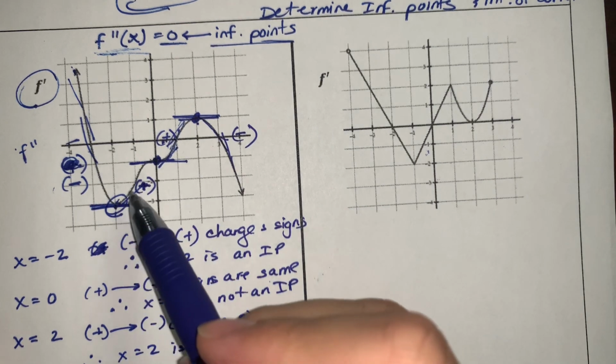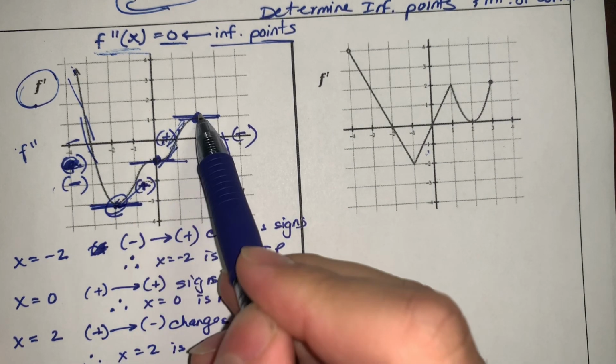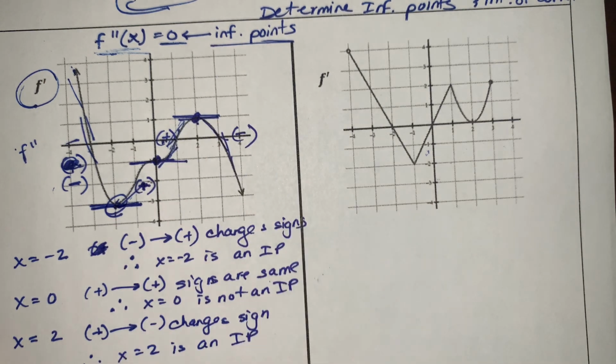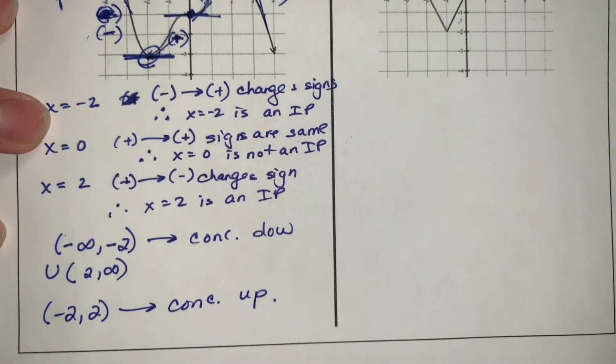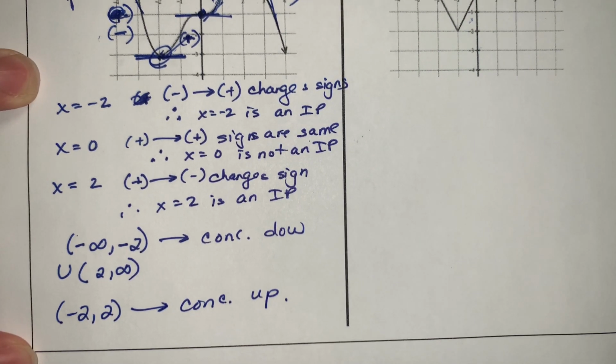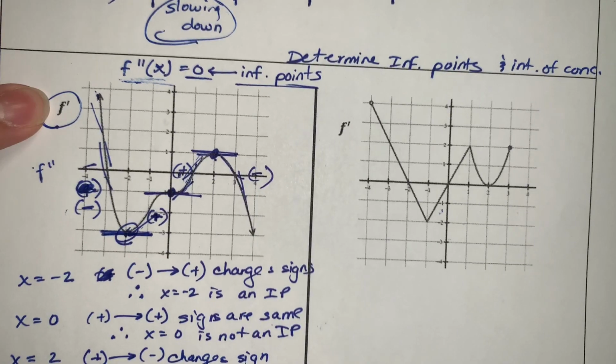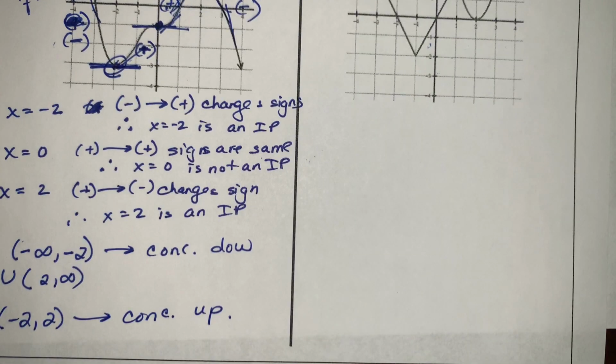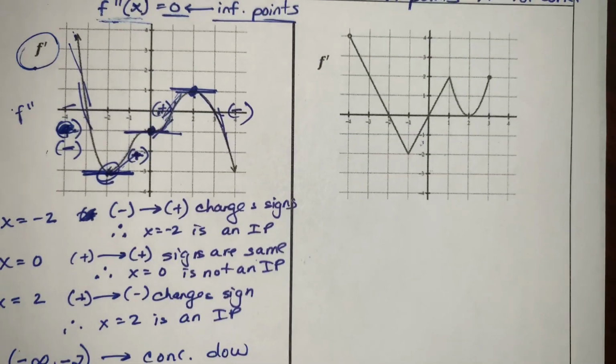And from -2 all the way up until +2, it's concave up the whole time. So from -2 to +2, it's concave up. Oh, sorry, I didn't even realize that. But essentially, from the first derivative graph, you can determine a lot of the different qualities about concavity as well.